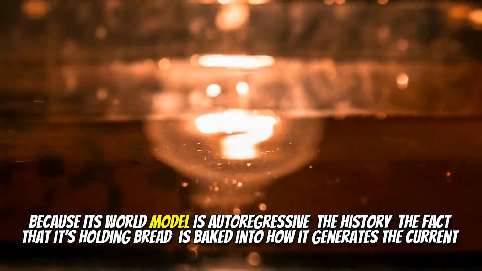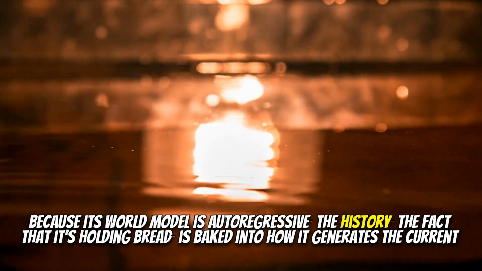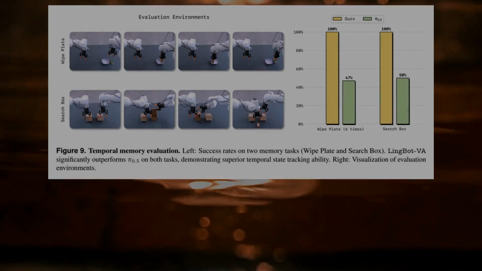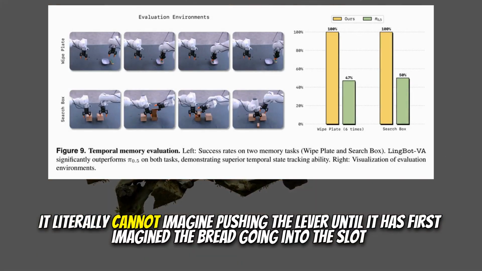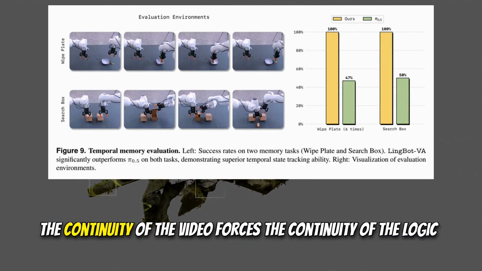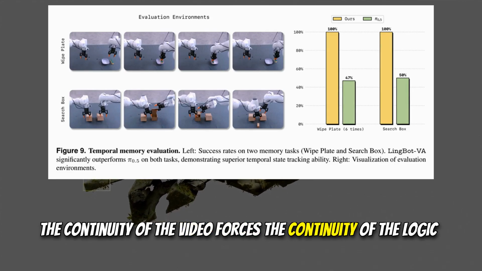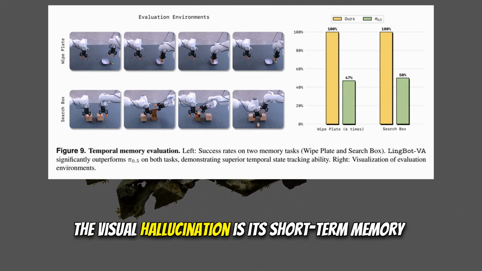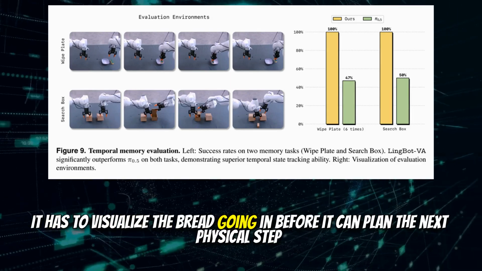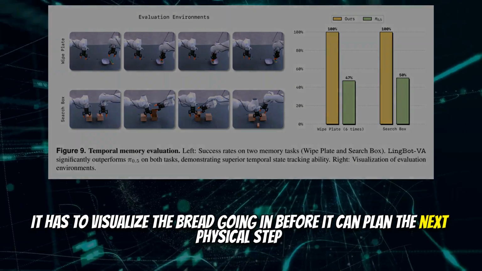Because its world model is autoregressive, the history, the fact that it's holding bread, is baked into how it generates the current frame. It literally cannot imagine pushing the lever until it has first imagined the bread going into the slot. That's a great way to think about it. The continuity of the video forces the continuity of the logic. The visual hallucination is its short-term memory. That's it, exactly. It has to visualize the bread going in before it can plan the next physical step.